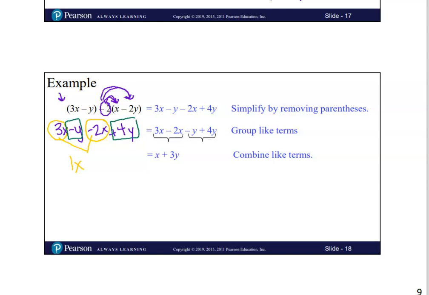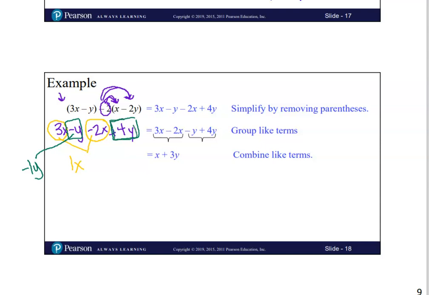plus 4y. Now remember that this minus y can be written as minus 1y. There's no number there. It's assumed that it's a 1. So minus 1y. So what we would type in our calculator is, since these are both y's to the first power, we would type in negative 1 plus our 4 right here.